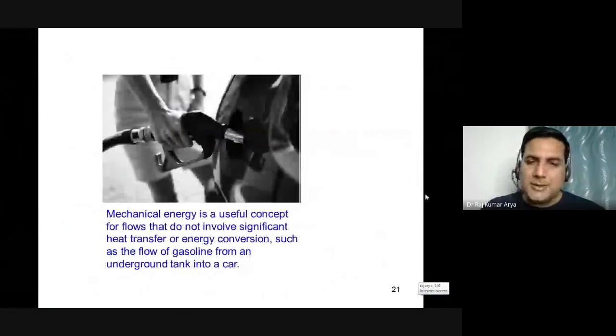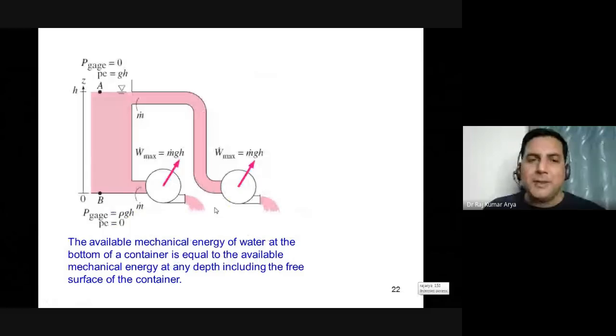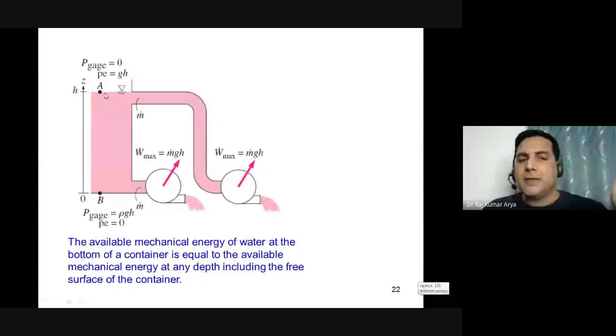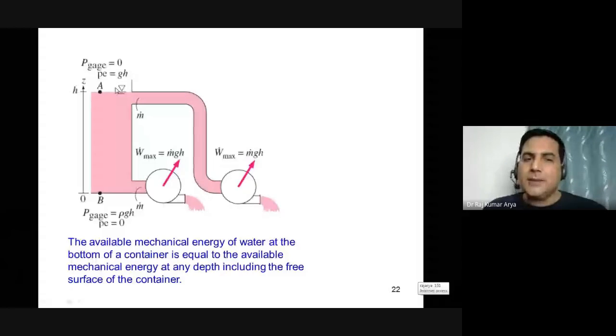So this is again the mechanical energy balance, in the case of gasoline filling in a tank pipe. Let's say you have filled a fluid in a tank, and you want to take the outlet from it. Here the fluid is at rest, no velocity. The gauge pressure is also zero because it is open to atmosphere. So nothing is here except your height term.